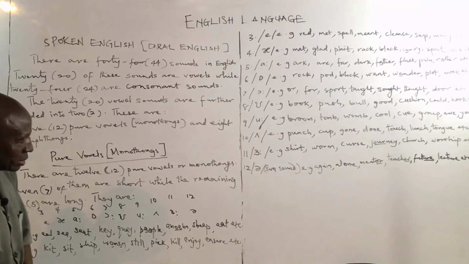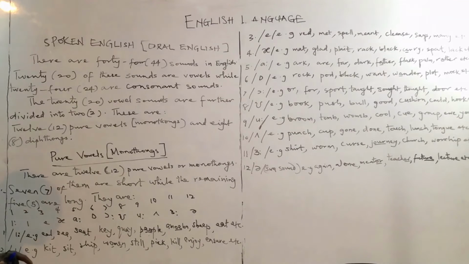Now, does that mean that every English word that begins with E is pronounced A? No. It is not every word. But those ones that have this sound, it is A. Now this is what I'm saying.